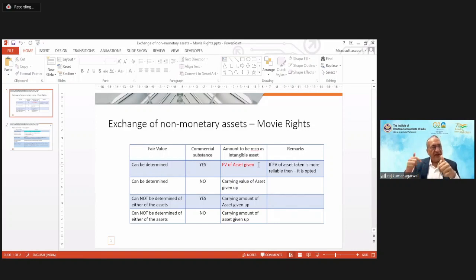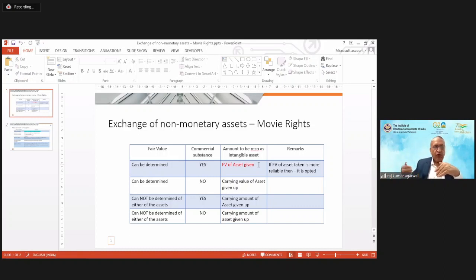So whatever asset I have given, if its fair value can be determined and there is commercial substance, then the fair value of the asset given is the value of the asset which I'll be taking. Say I'm taking broadcasting rights: the initial recognition of the broadcasting right will be the fair value of the asset given.